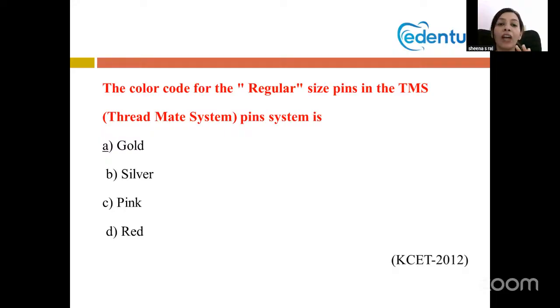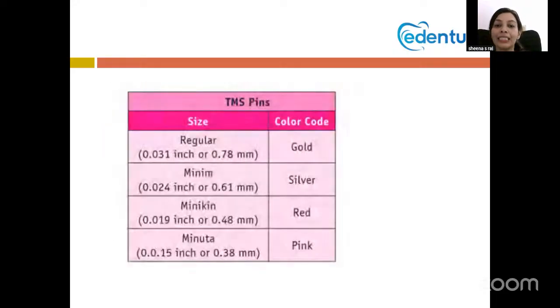They have a lot of colors based on their size. The colors are gold, silver, then red and pink. So it is regular, minim, minikin, minuta. It is kind of a rhyming word, so memorize it like that: regular, minim, minikin and minuta.